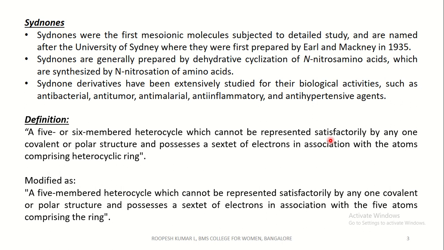But the term mesoionic has been restricted to the 5-membered heterocycles, and the definition has been modified to: a 5-membered heterocycle which cannot be represented satisfactorily by any one covalent or polar structure and possesses a sextet of electrons in association with the 5 atoms, which is very important, comprising the ring. That is a heterocyclic compound containing a 5-membered ring.